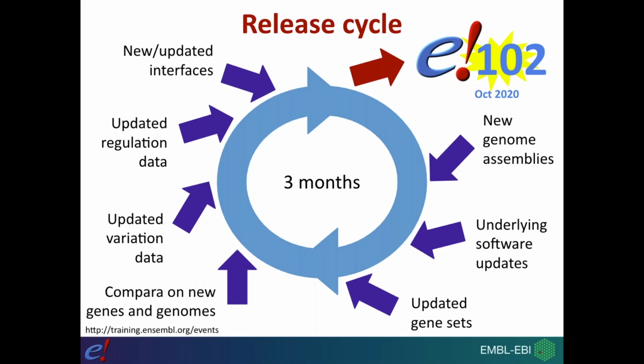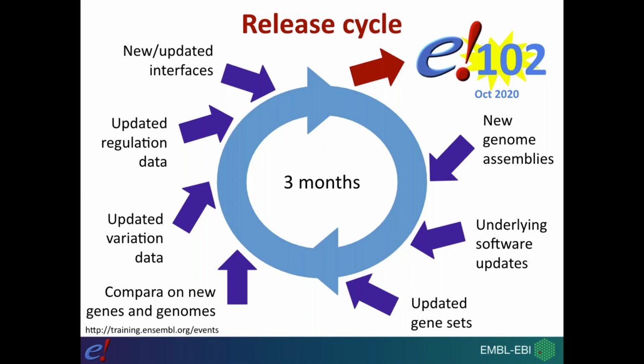We update our regulatory build, our regulation data, and we also update our web interfaces as well. So what we do is we package all of that new data up and we release it as a new version. For example, Ensembl 102 is going to be released in October of 2020. So hopefully in just a few weeks' time, Ensembl 102 will be released.